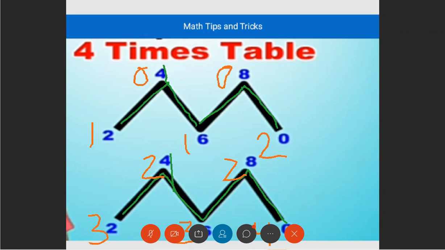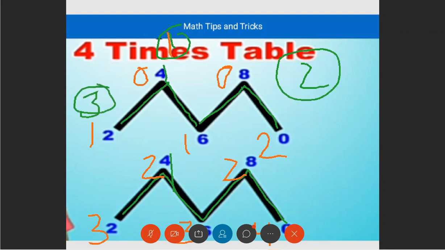Yes, the 4 table. 4 ones are 4. 4 twos are 8. 4 threes are 12. 4 fours are 16.